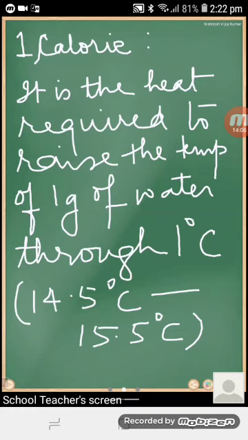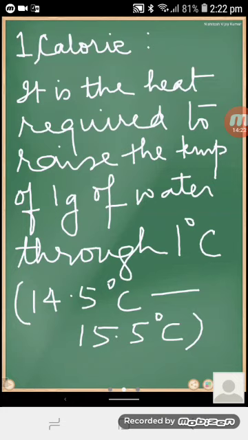So the amount of heat energy absorbed by 1 gram of water to change its temperature through 1 degree centigrade, that is from 14.5 to 15.5 degrees centigrade, is called your 1 calorie. Alright, so this was the definition of calorie.